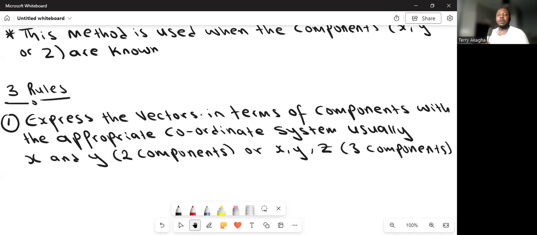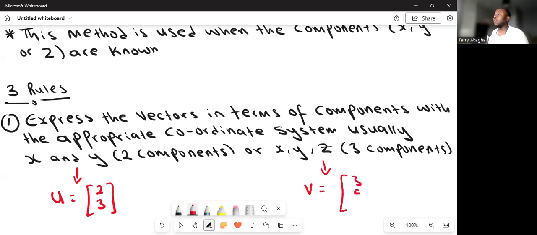You should know that there are other higher dimensionalities, and they're also possible. But in this case, I'm going to restrict myself to just 2 components and 3 components. For example, for 2 components, you can have u equal to (2, 3), while for a 3 component vector, you could have v represented as (3, 5, 2).